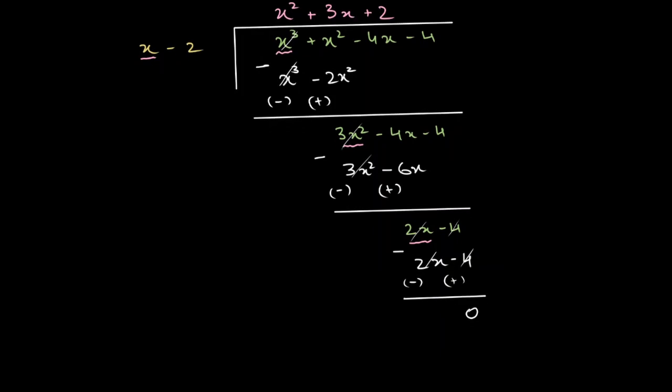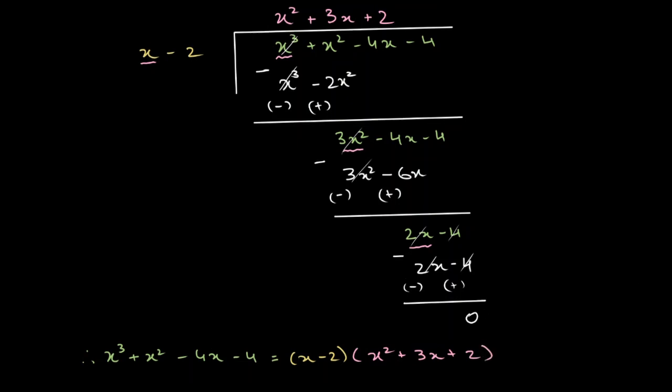So I can now write my polynomial f of x, which is x cubed plus x squared minus 4x minus 4, is equal to the divisor, which is x minus 2, into the quotient, which is x squared plus 3x plus 2, plus the remainder, which is basically just 0.